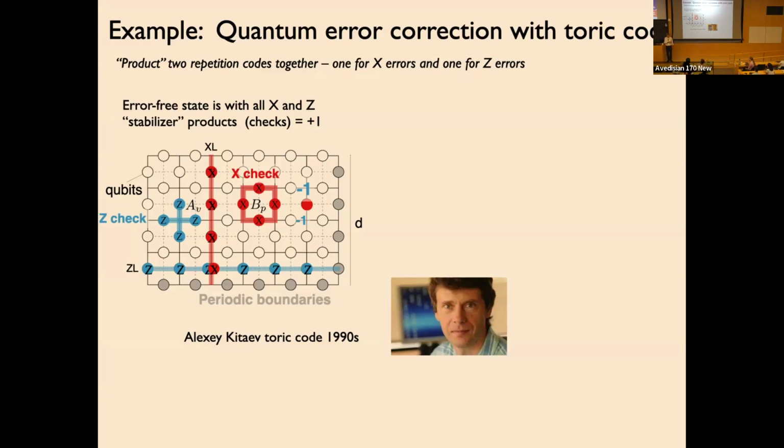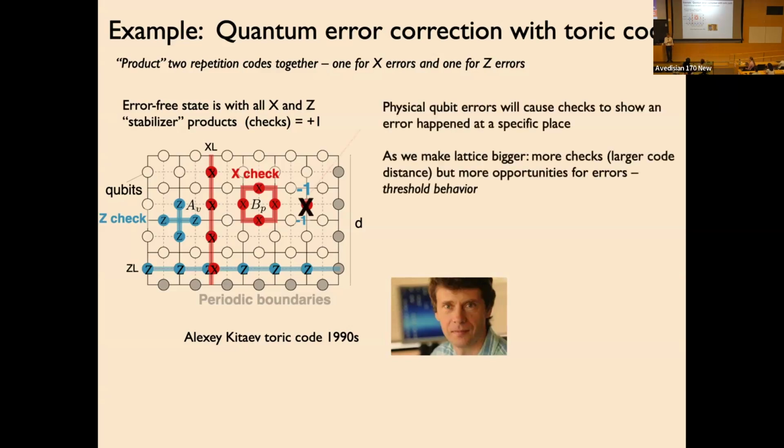So they define this computational subspace. And if, for example, an error occurs, say one bit flipped here, then when you measure the stabilizers, when you do Z checks, this check will show -1 and this will show -1.